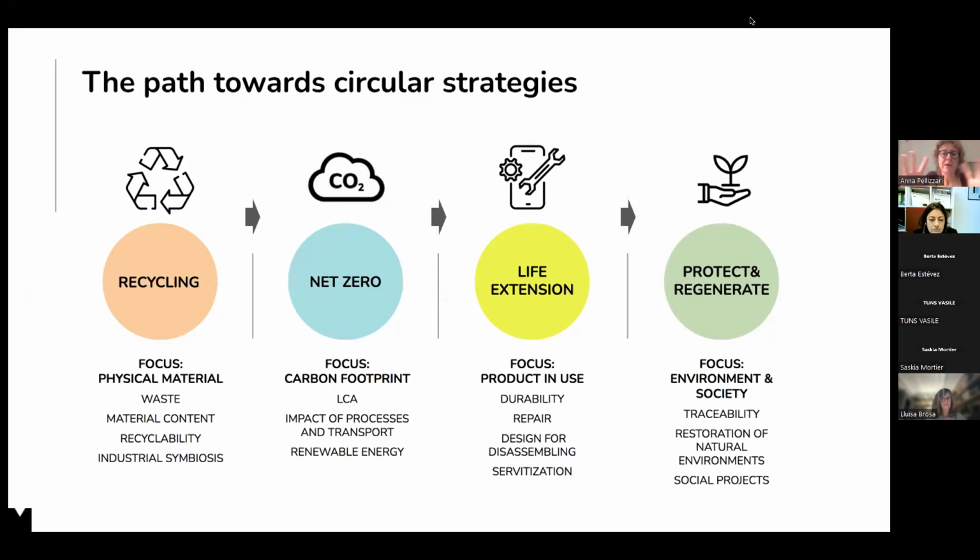We try to summarize some possible paths towards circular strategies. Some of them can be more, let's say, easy and obvious, and we would like to tell some examples of how these strategies have been put into place.